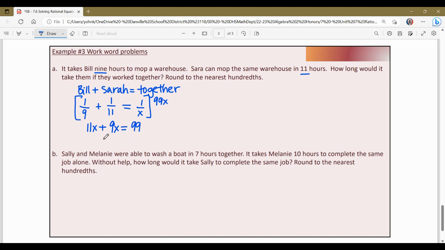Collect your like terms, and I get 20x equals 99. I can divide by 20, and rounding to the nearest hundredths, 4.95 hours. I really think they should work together because it's taking them 9 and 11 hours separately. Crazy.